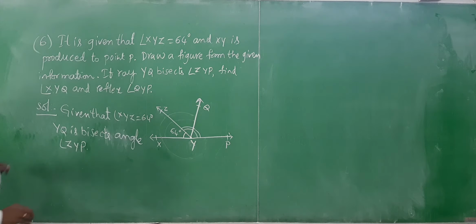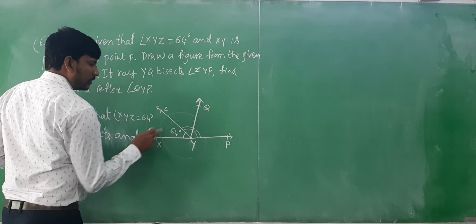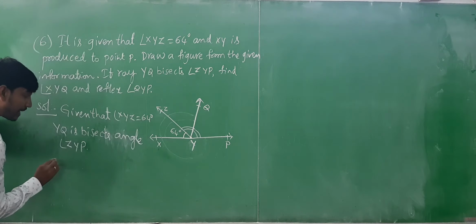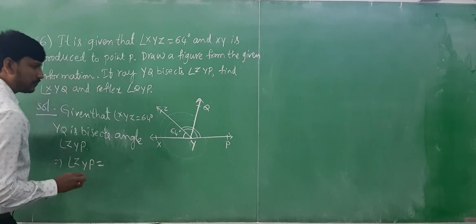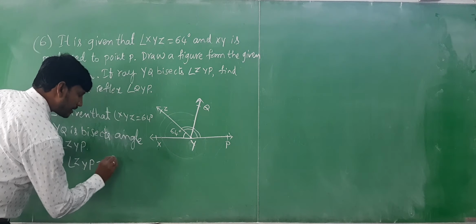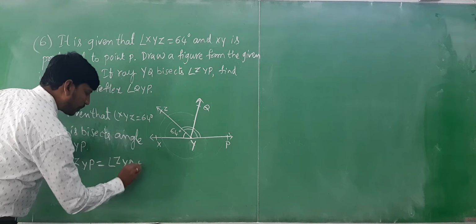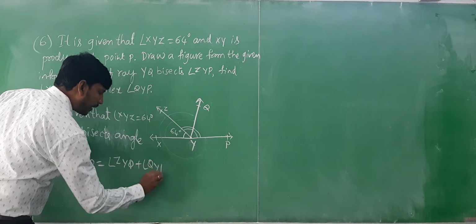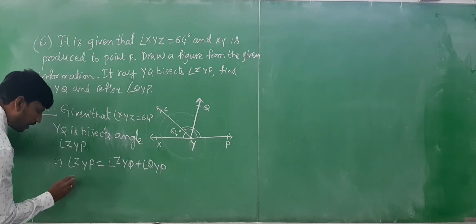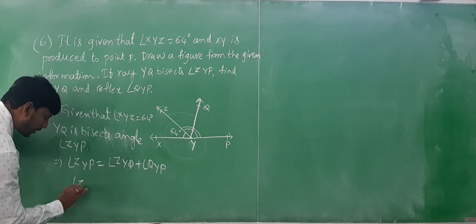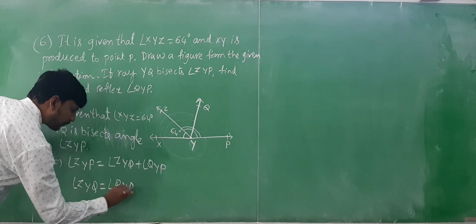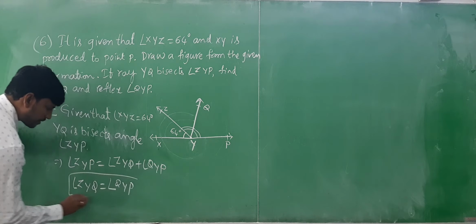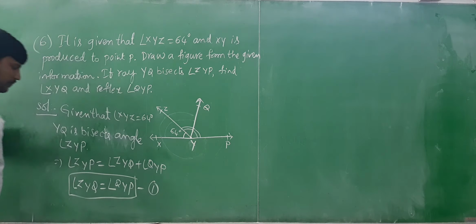Therefore angle ZYP is equal to angle ZYQ plus angle QYP, and also ZYQ is equal to angle QYP. Keep this in mind. This is equation number 1.